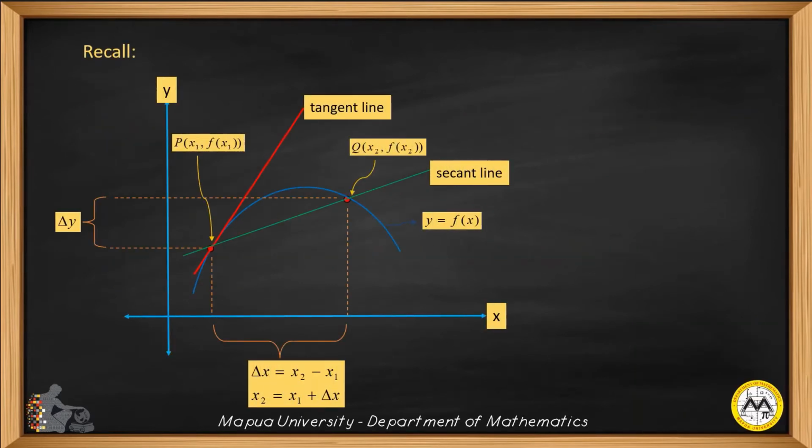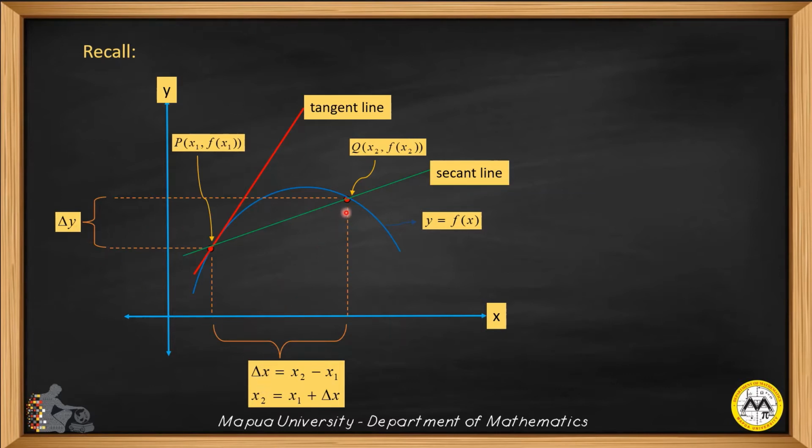Okay, I hope you still recall this graph that we use in the definition of the derivative. Considering that we have points P and Q on the graph of y equal to f of x, connecting these 2 points would result in a secant line, the slope of which is given by the ratio of delta y to delta x.